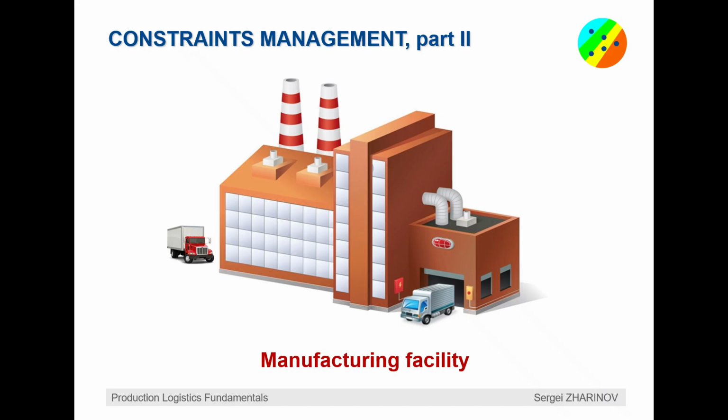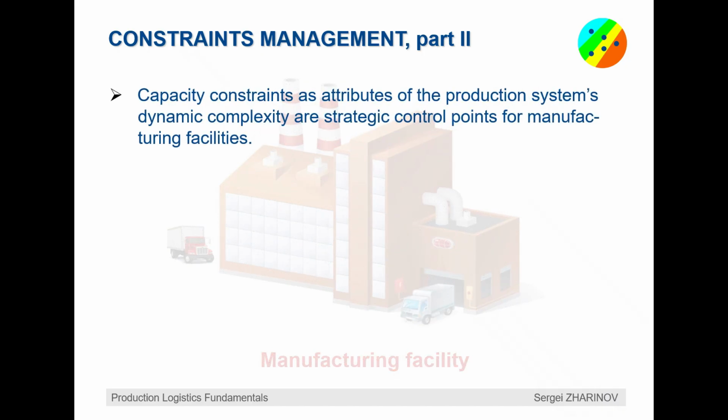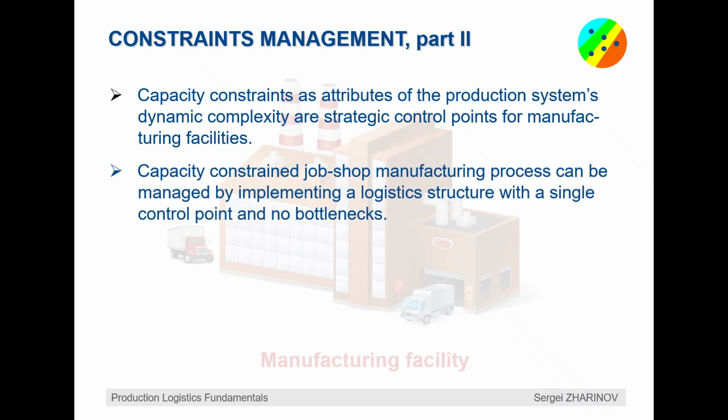Summarizing the results of the first and second parts of this presentation, let me formulate the following general conclusions. Capacity constraints as attributes of the production system's dynamic complexity are strategic control points for manufacturing facilities.